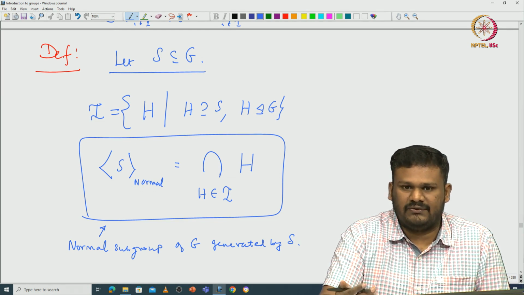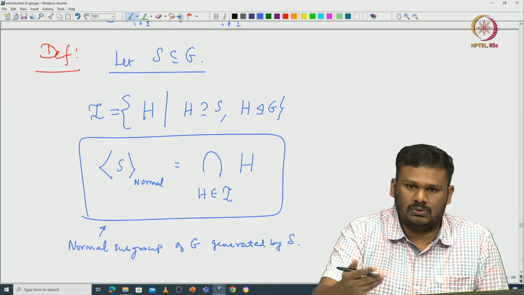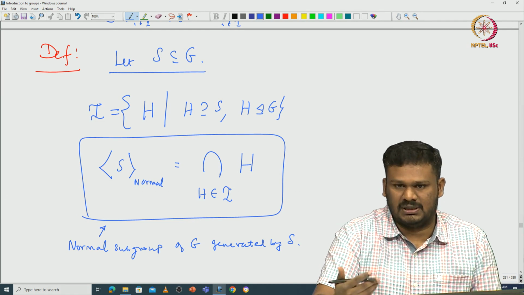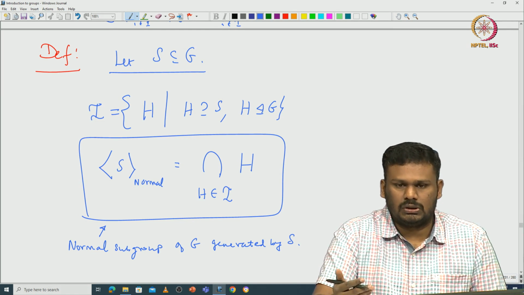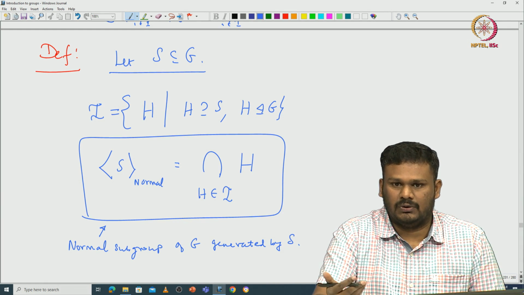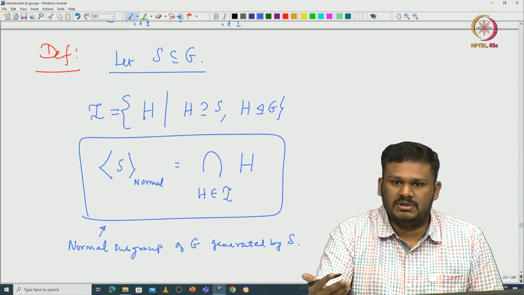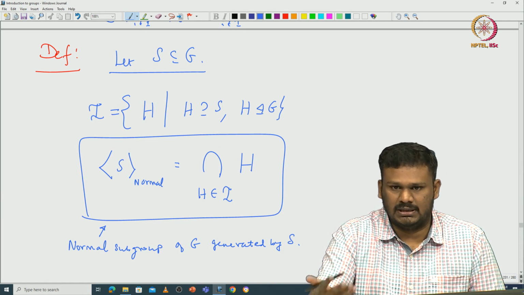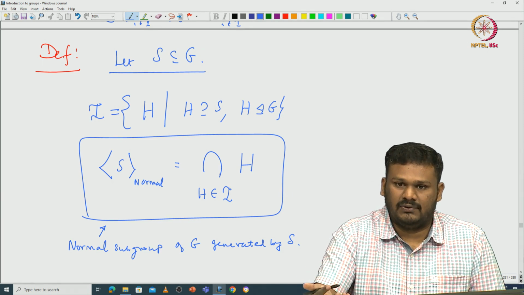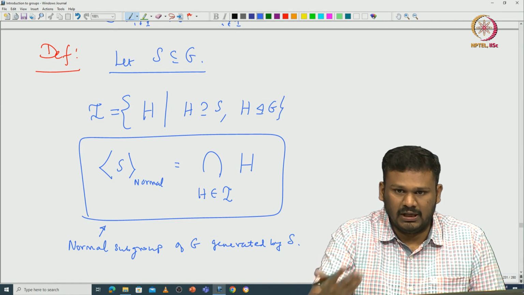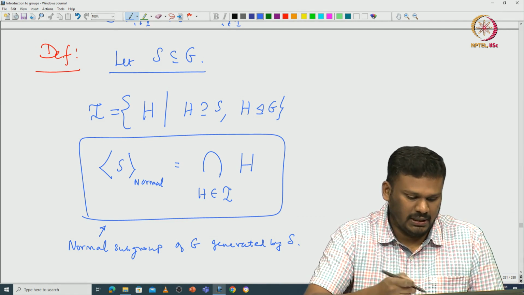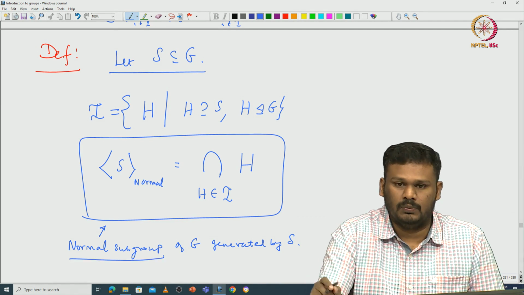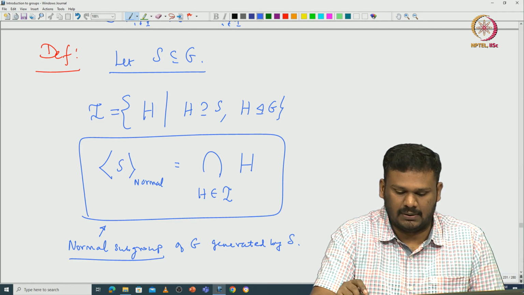Such a definition makes sense once we know what a presentation is. In order to define the presentation of a group, or a group generated by some set of generators modulo some relations, we need to first define what is called a free group, and then we need this notion of the normal subgroup generated by that capital S.